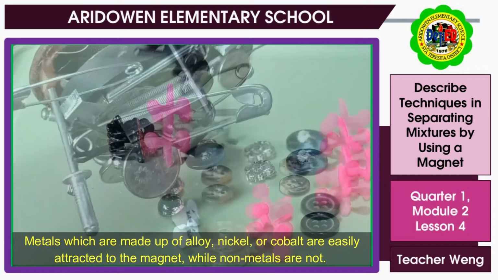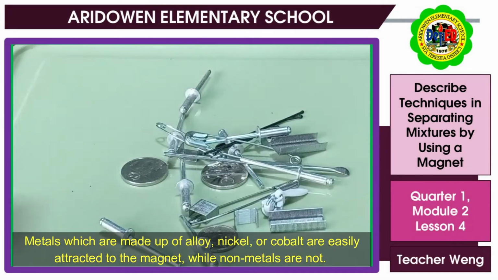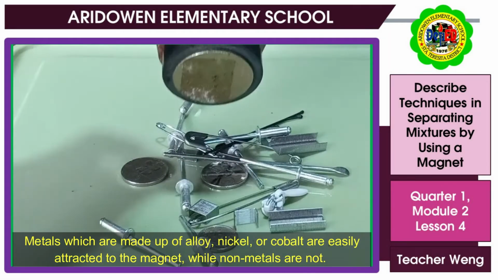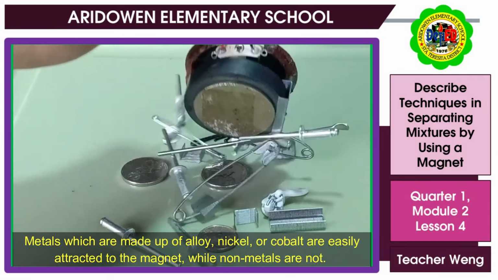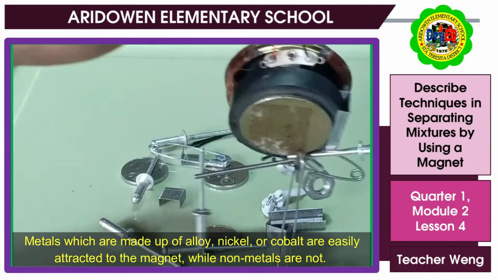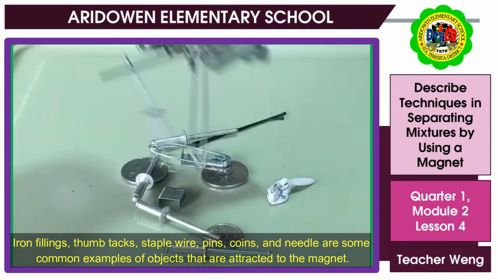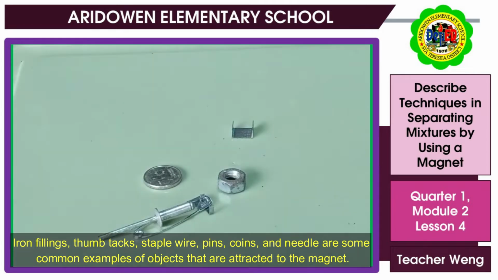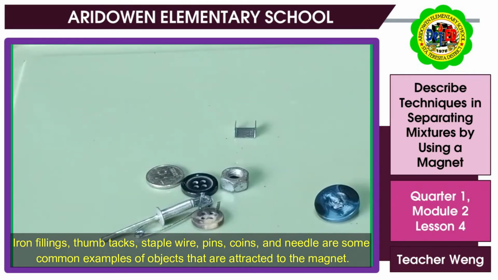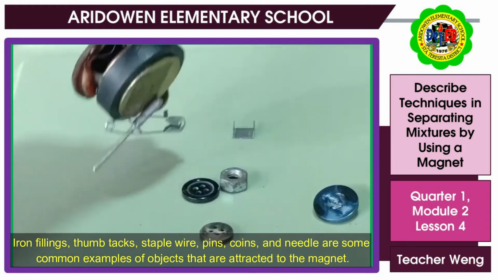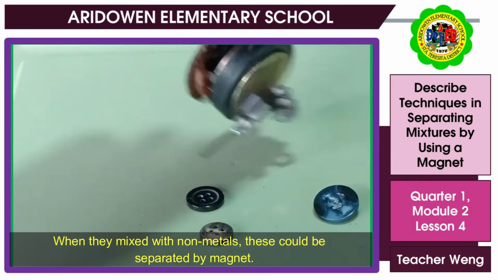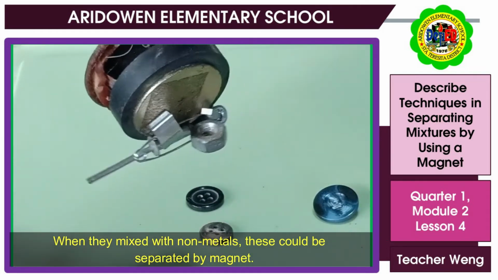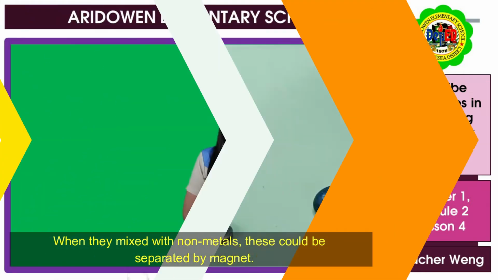Metals which are made up of alloy, nickel, or cobalt are easily attracted to the magnet, while non-metals are not. Iron filings, thumbtacks, staple wire, pins, coins, and needles are some common examples of objects that are attracted to the magnet. When they mix with non-metals, they can be separated by a magnet.